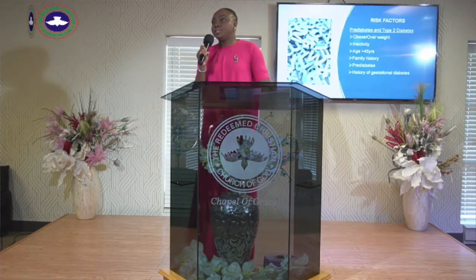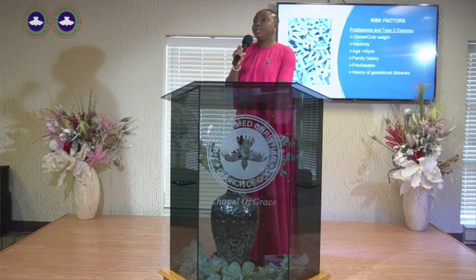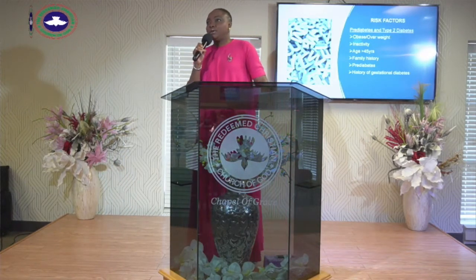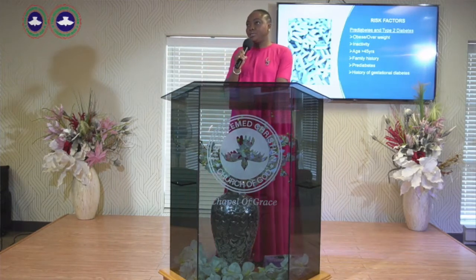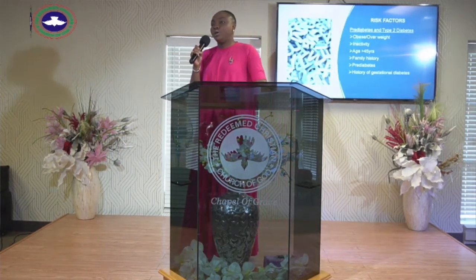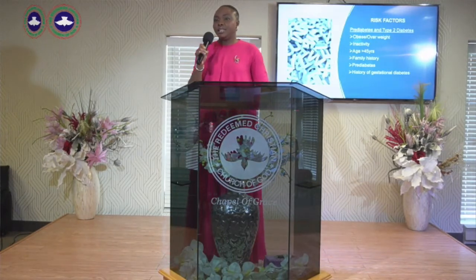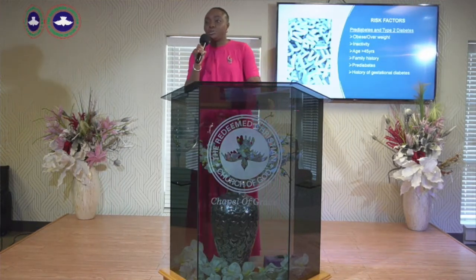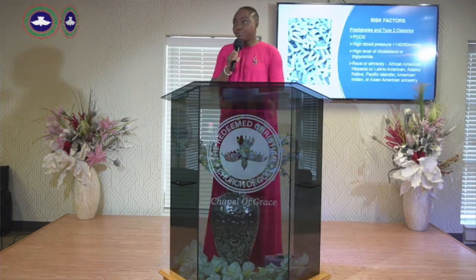So pre-diabetes in itself, like I said earlier, is a risk factor of developing type 2 diabetes. It's a precursor of type 2 diabetes, and a history of gestational diabetes can predispose to type 2 diabetes later in life. If a pregnant woman had gestational diabetes, there's a possibility that she might develop type 2 diabetes later.